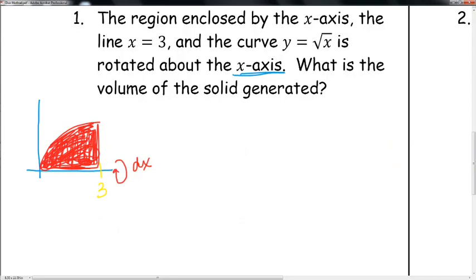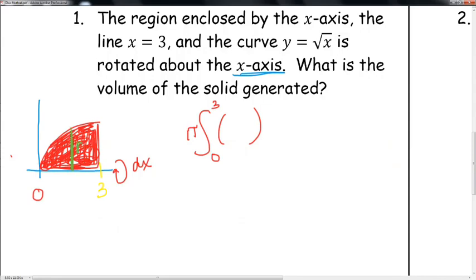Alright, my bounds are going to go from 0 to 3. We're going to have pi, and our r squared is going to be this right here. That's my r.